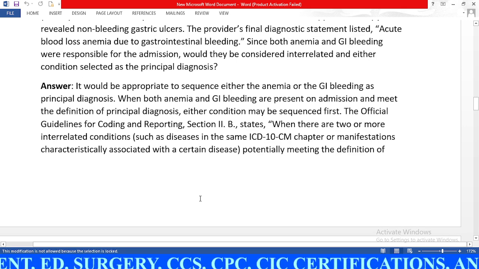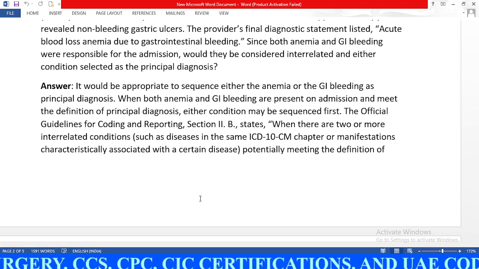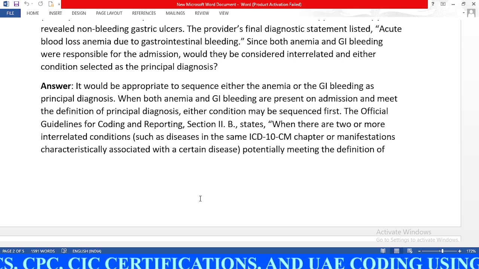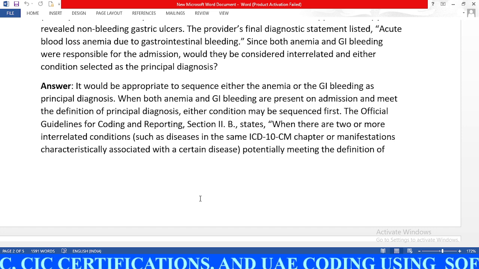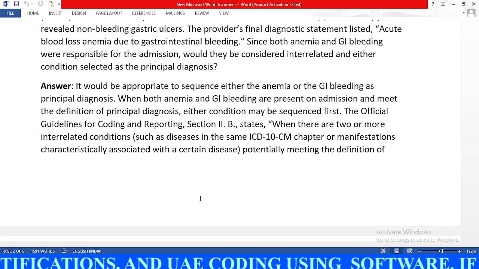So based on our guidelines, when both anemia and GI bleeding are present on admission and meet the definition of principal diagnosis, either condition may be sequenced first, which is based on the official guidelines for coding and reporting section 2B.